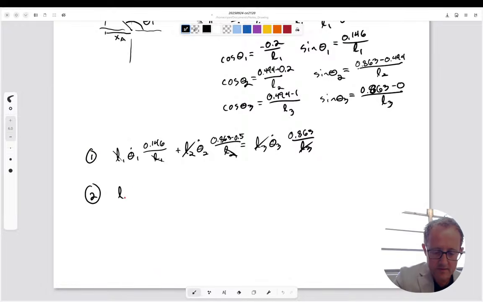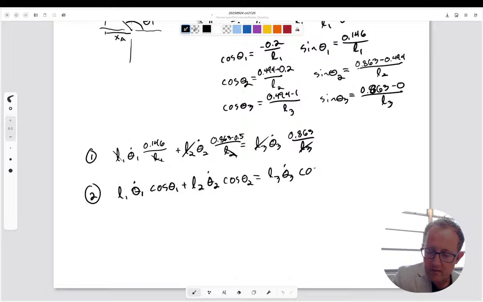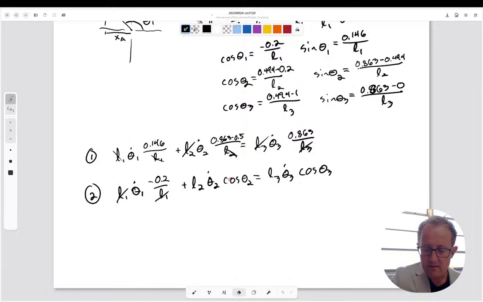Equation 2 is L1 theta 1 dot times cosine theta 1 plus L2 theta 2 dot cosine theta 2 is L3 theta 3 dot cosine theta 3. Now I can plug in those sines and cosines. And I get a negative 0.2 over L1, and I'll cancel those out. Cosine theta 2 is 0.694 over L2, and I'm going to cancel those out.